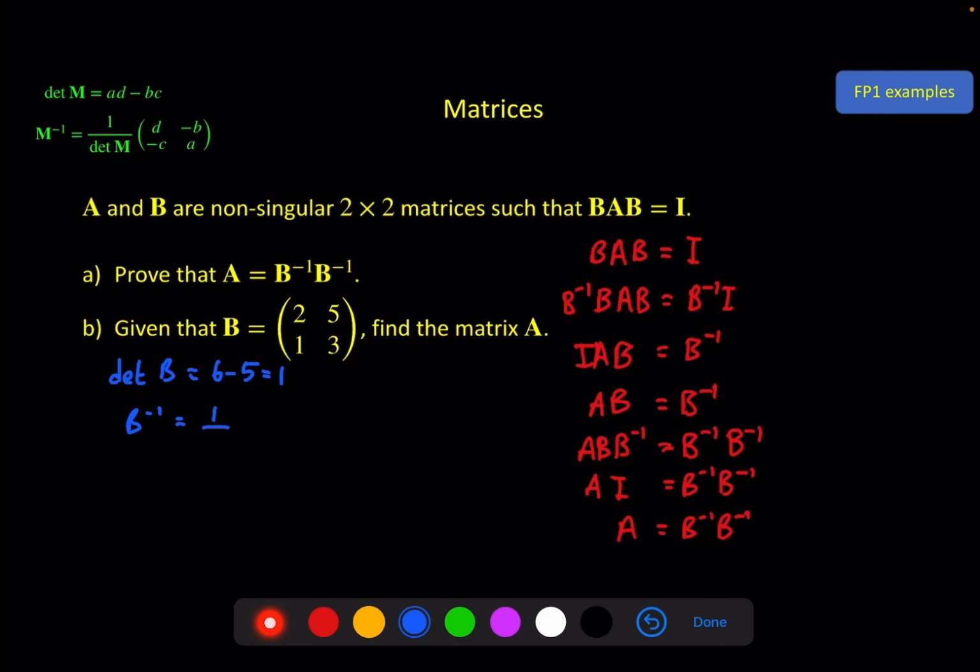1 over the determinant, which is 1. 3 and 2 swap places. This becomes a minus 5 and a minus 1, which of course is just this matrix.